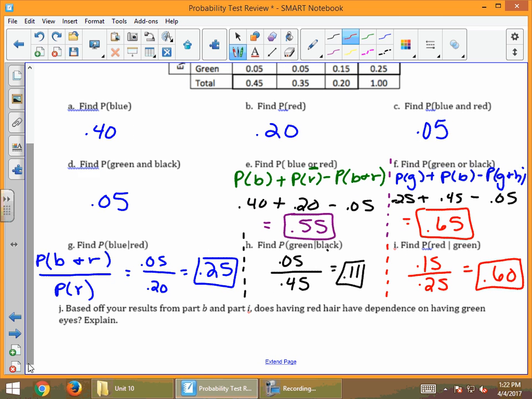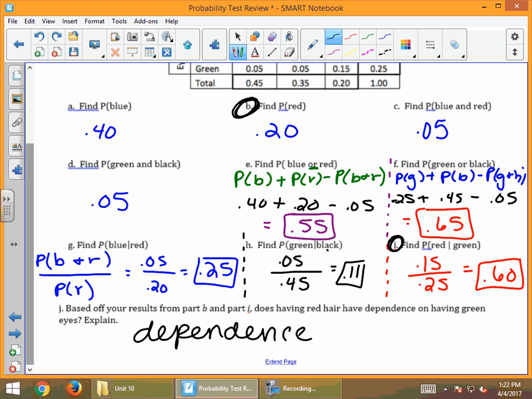Okay. So when J says based off your results from part B and I, does having red hair have a dependence on having green eyes? Explain. Well, here's part B. Here's part I. Based off those results, would you say that there's dependence or independence? Just based off your results and your understanding of independence and dependence. What do you think? Dependence. Right? Because they're different.